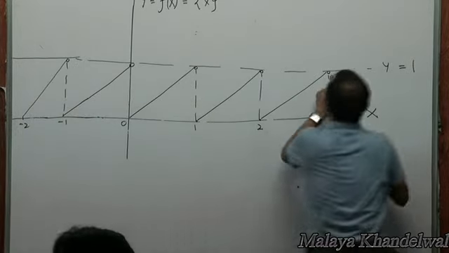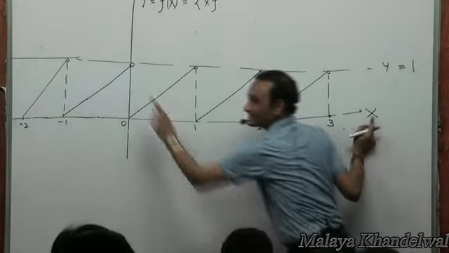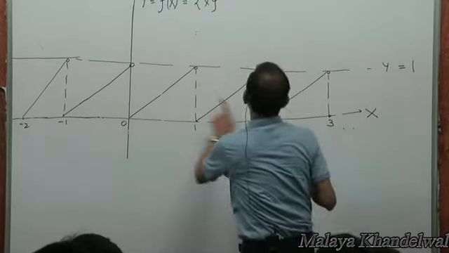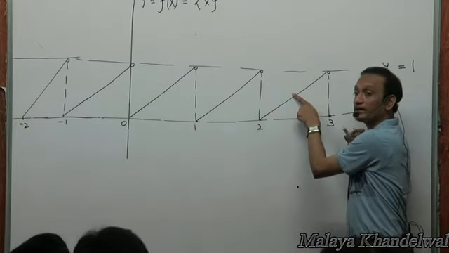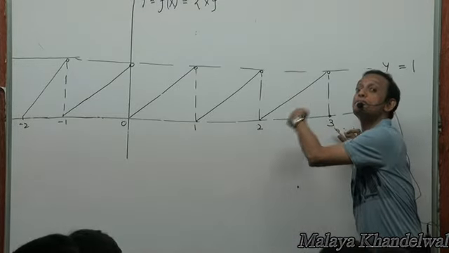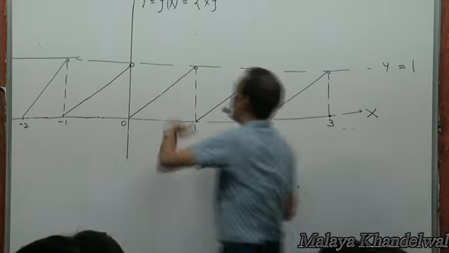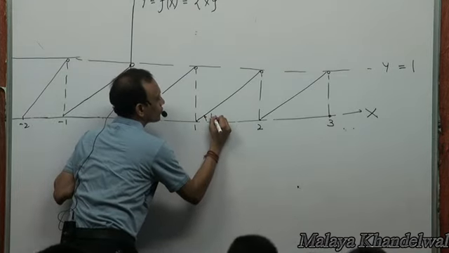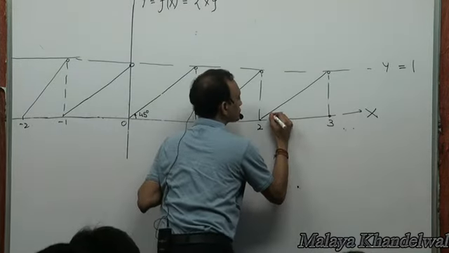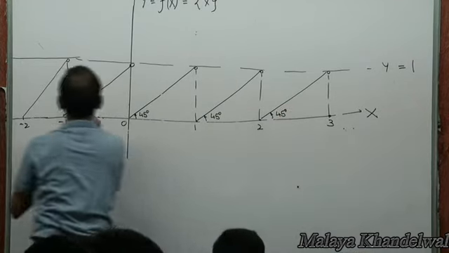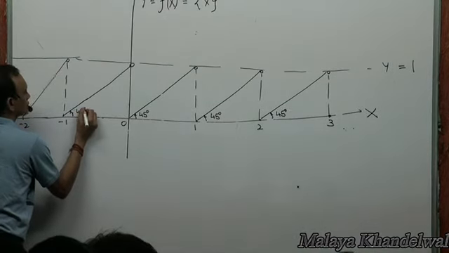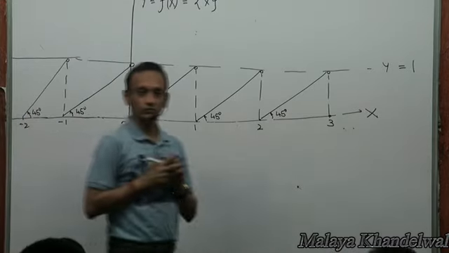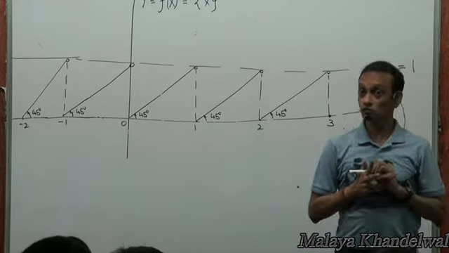See, it never became equal to 1. That's why you see these kinks here. Yes or no? Right? This is y equal to x, this is y equal to x minus 1, this is y equal to x minus 2. These are all a bunch of parallel lines with slope 1. Right? These are all 45 degrees. And so on and so forth.